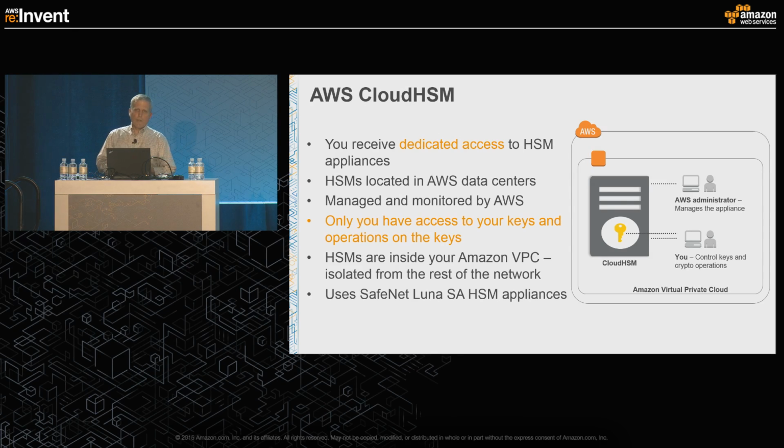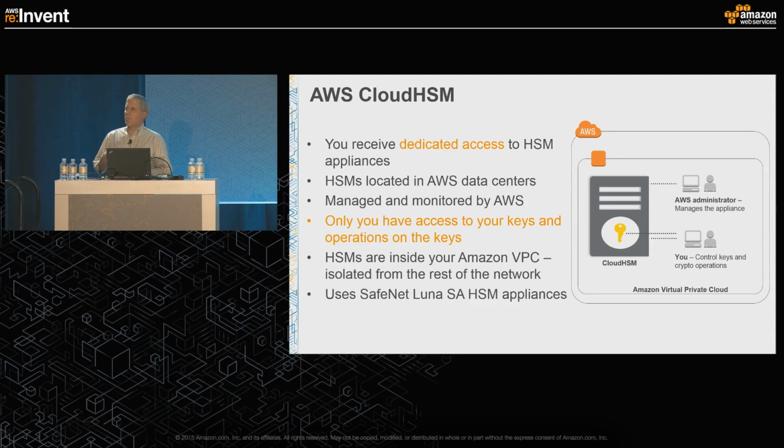So CloudHSM, the way this works is you get a dedicated device that is a hardware security module manufactured by a third party. And this device is located in our data centers, but it is dedicated to you. So we rack it, we give it power, we give it network, but you are now the administrator of that device.